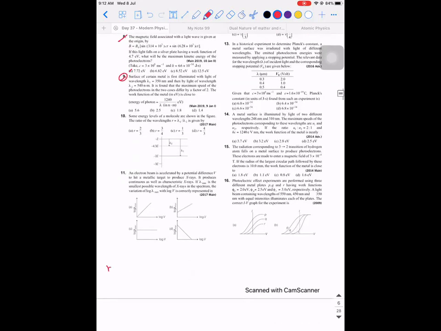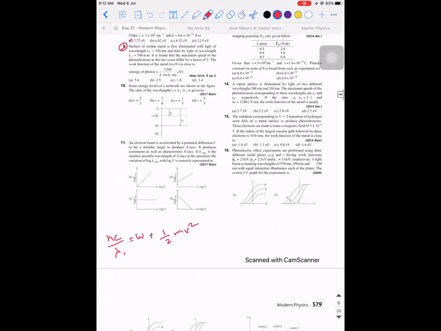So how you can do it is hc by lambda1 will be equal to work function plus half mv square. hc by lambda2 will be equal to W plus half m of what should we write? Differs by a factor of 2 means if this is v, the second one will be how much?